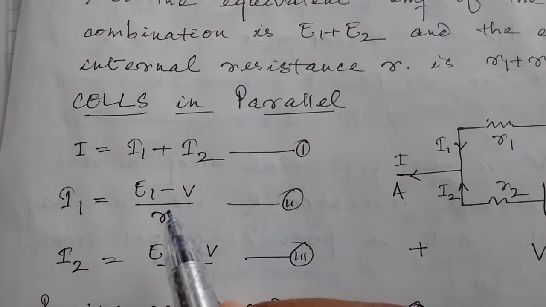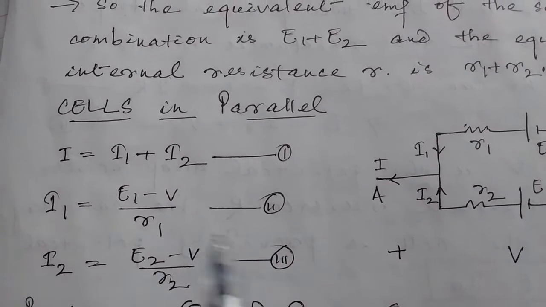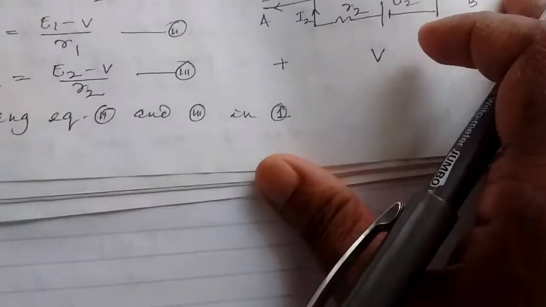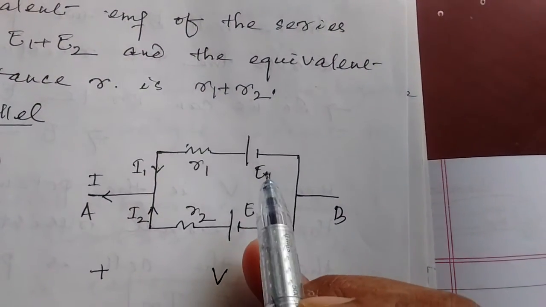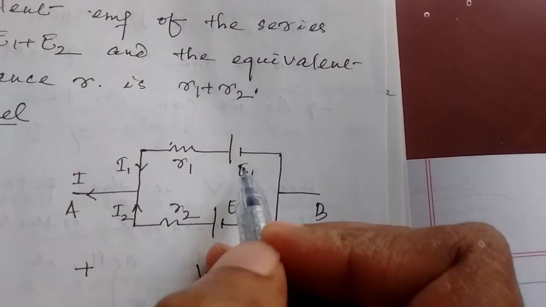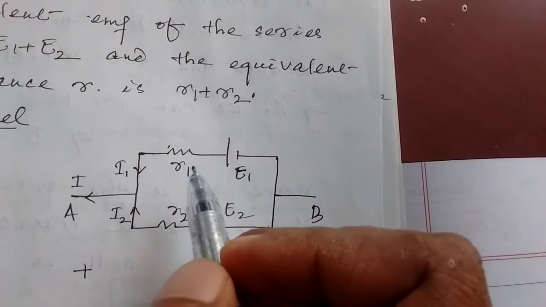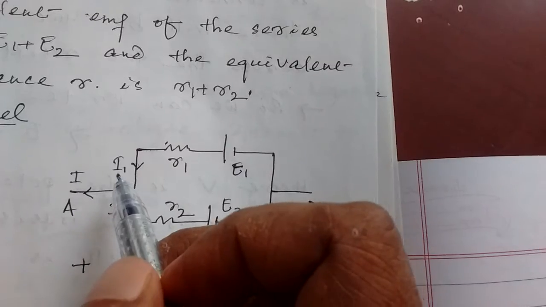I1 from the equation of cell 1. What is the equation of cell 1? For cell 1 the EMF is E1, resistance is R1 and current is I1.